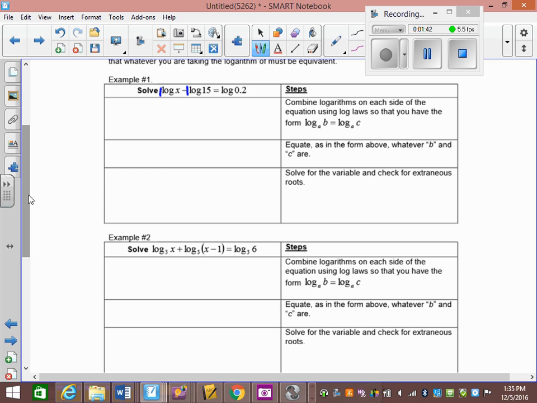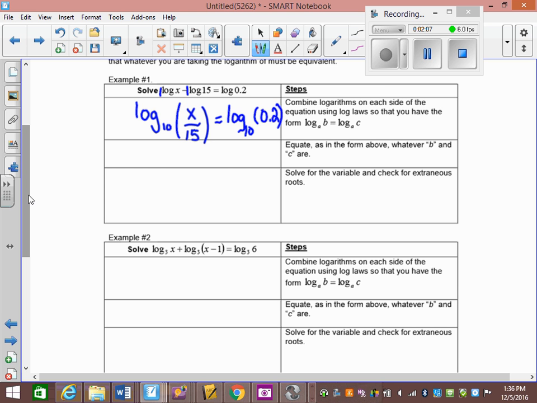If they didn't, we'd have to take those numbers, move them up to the exponent, then put them together, right? So it's going to be log, and I'm going to put base 10, because whenever there's no base, I'm going to put the base 10. This is going to be x over 15, because if it has a plus 1 in front, it stays on the top. If there's a minus 1 in front, it goes to the bottom. And then this equals log base 10 of 0.2.